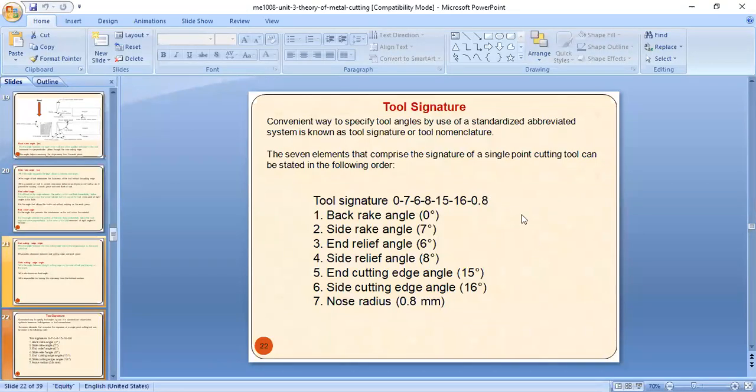And nose radius, you can provide 0.8 or 1 mm or 1.2 according to the particular workpiece being machined. You should not provide more nose radius than the workpiece requires, and you try to design your tool along with the chip breakers.